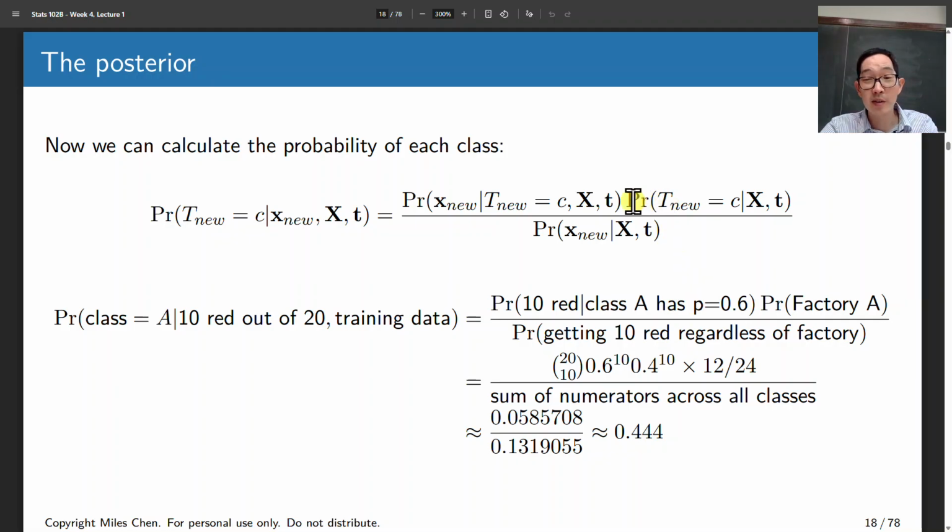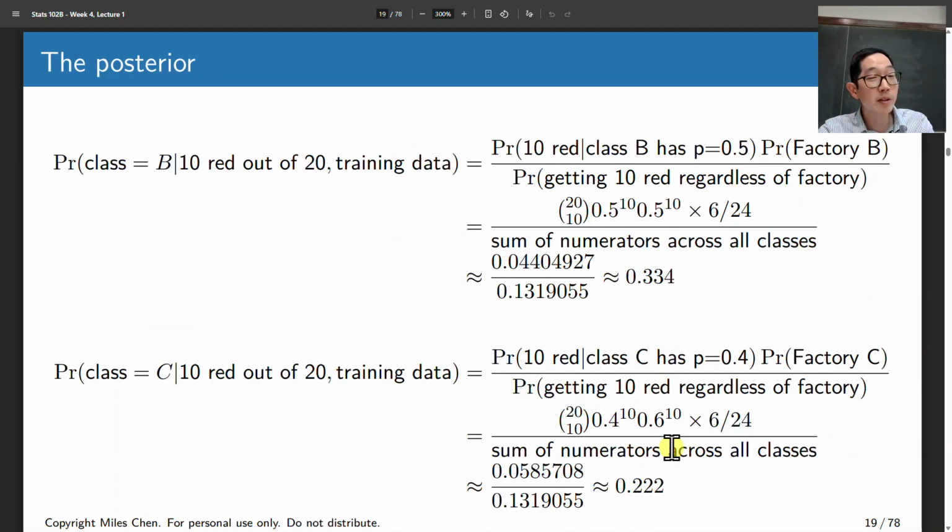And this is the prior probability: what is the probability that it came from factory A if you didn't know anything else about the bag? Out of 24 bags total, 12 came from factory A. When you do that, you get 0.0585 divided by the sum of the numerators across all the classes, and we get around 44%. We do the same for class B and class C, and we get around 33% and 22%.